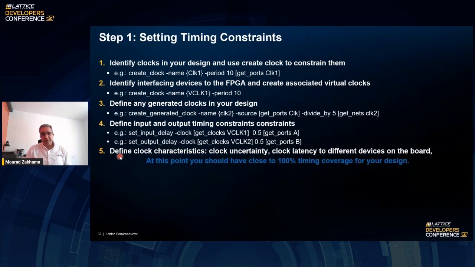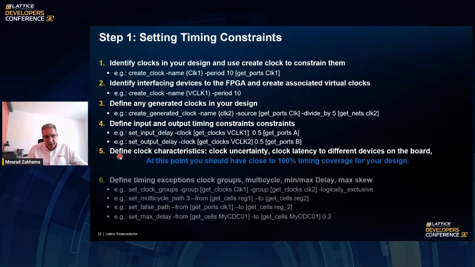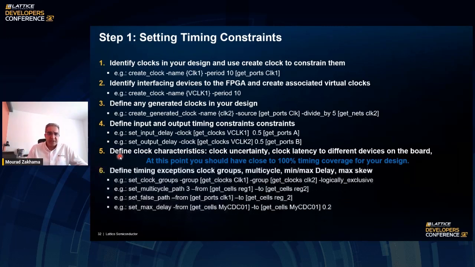of your design. There's no reason that you don't get that 100% coverage. And it is important to have a high coverage, like we said, to avoid any hardware failure or intermittent hardware problems that you may see in the lab, and that will take weeks probably to fix in some cases. So once you've done all these steps, if you meet your timing after doing steps 1 to 5 and the design meets timing, you're good.